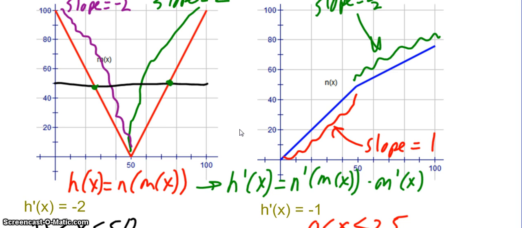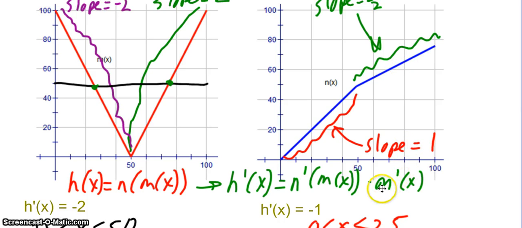So let's just say x is 10. So if x is 10, then I need to figure out what is m of 10. So when x is 10, m is somewhere up here close to 80. So then the problem becomes, what is n prime of 80? So what is the slope of the n of x graph when x is 80? That's 1/2.